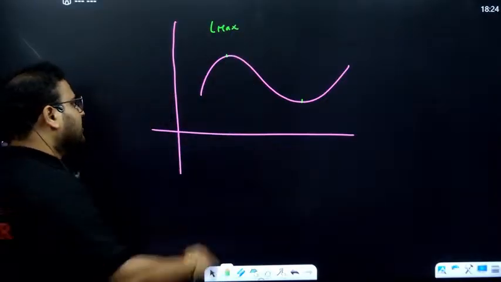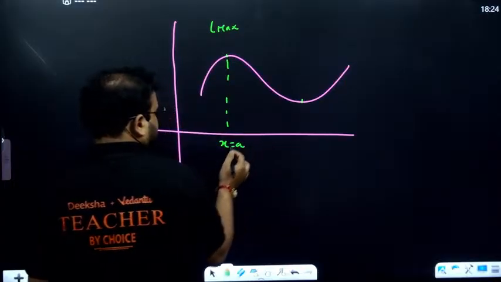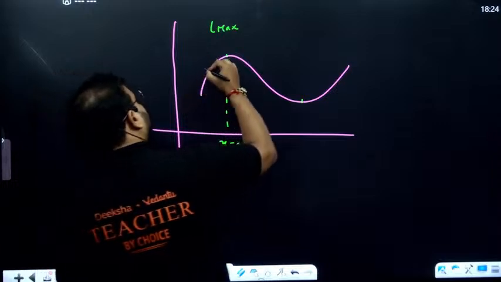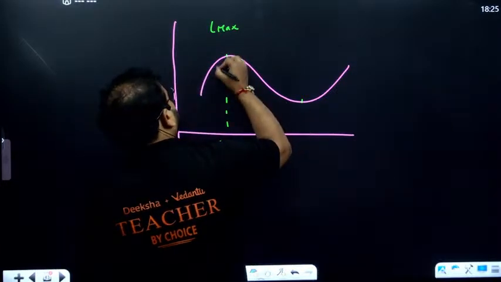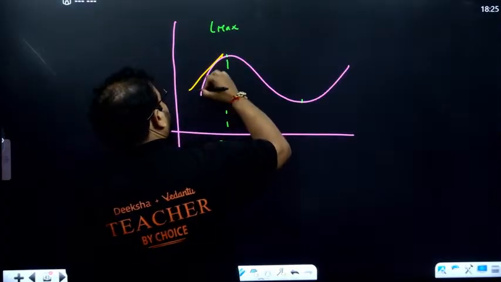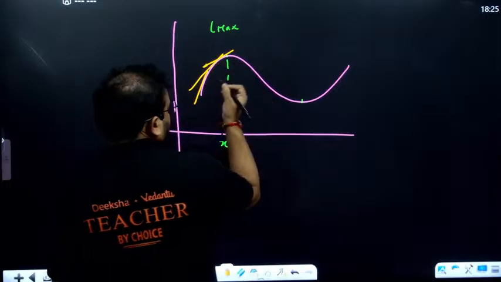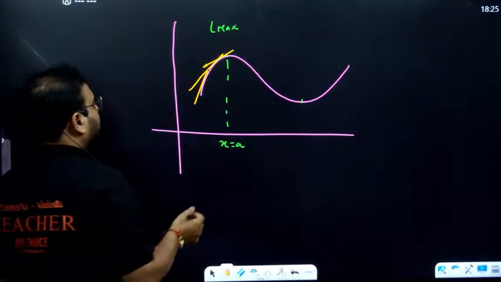If you look at the curve before this point, x equals A, in the neighborhood of the point A, before and after, look at the slope of the curve. If you draw the slope, meaning tangent, you'll have this kind of lines. You'll have a slope like this, and again you'll have a steeper slope as you go closer. These are the slopes before.